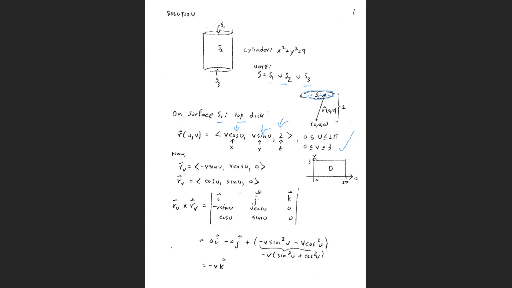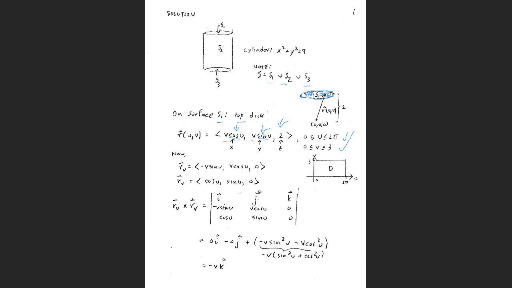But in order to get the entire disk, which includes not just the perimeter but what's inside too, even though the cosine of u and sine of u, when u is between 0 and 2 pi, will get you a circle, you have to change the radius of the circle. That's where the v comes in.